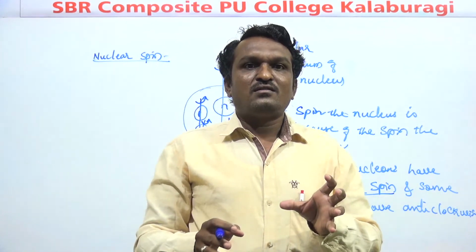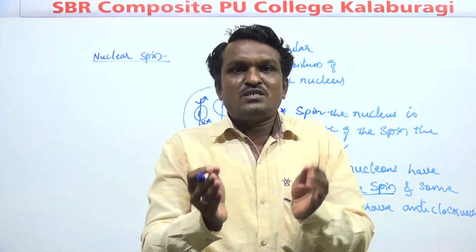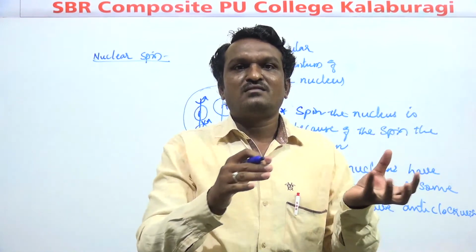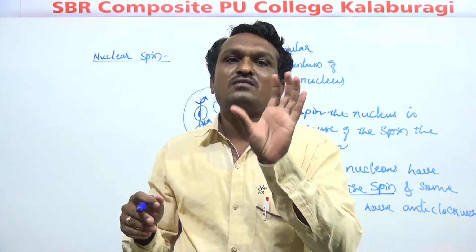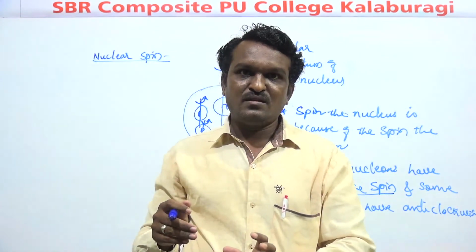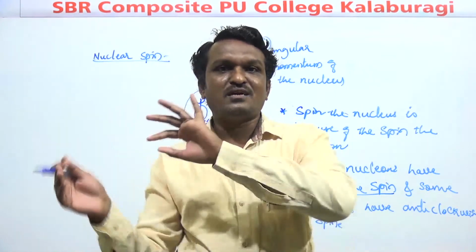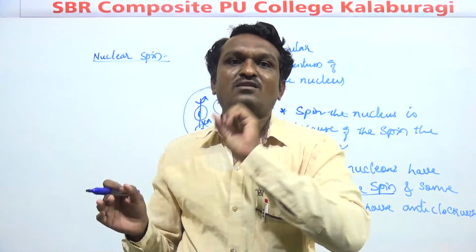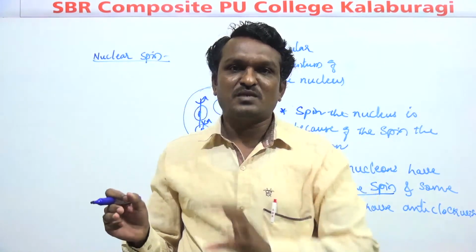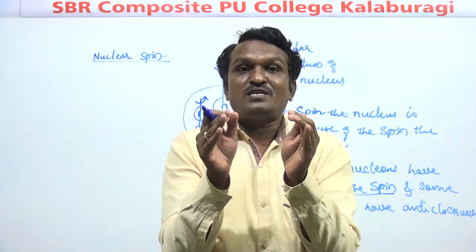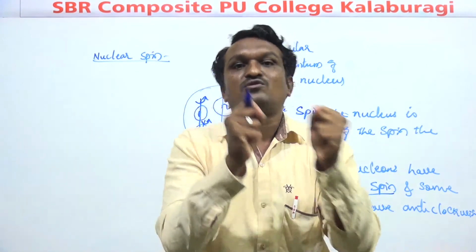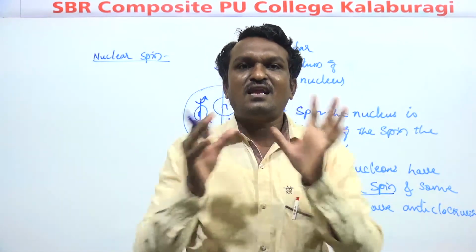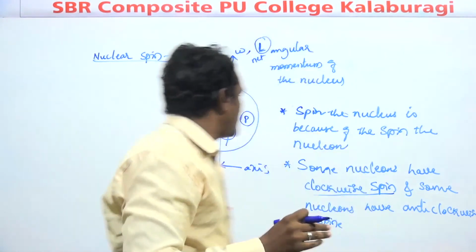The nucleons which have the same type of spin, that is clockwise, we call parallel spin. Those which have anti-clockwise spin with respect to clockwise are called anti-parallel spin. In the case of parallel spin there is a more force of attraction, whereas in the case of anti-parallel spin there is a less force of attraction.